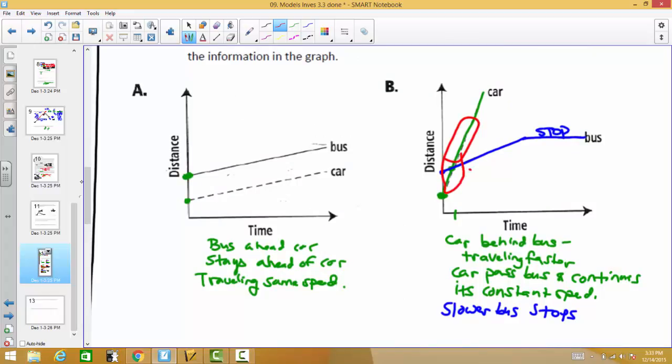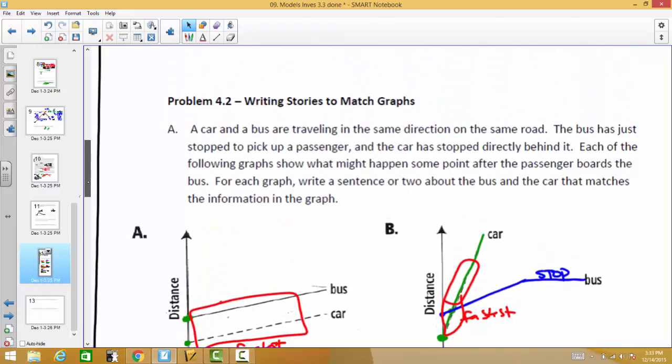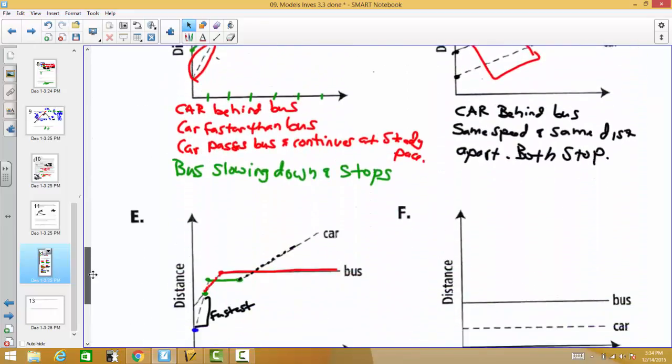This whole thing. You're just looking for the steepest line, and this whole thing is the fastest. The steepest line. Because the question said... that was the other problem. Okay, well, hey, we just did a little extra. That's very exciting.